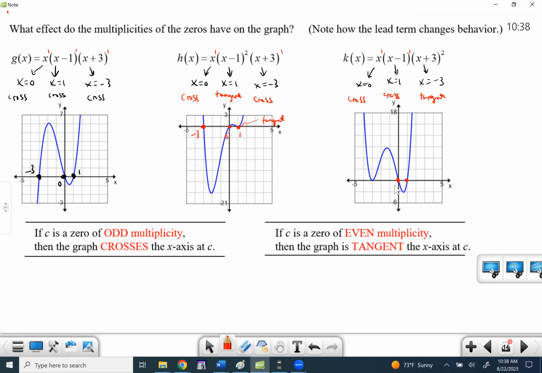At 1, did we cross? Yes, we went through the x-axis. At -3, we did not cross. We came down and turned around. So we did not pass through the x-axis. So we are tangent there. So this one would be the tangent one. Okay. And this just says it again, right? If it's odd multiplicity, it crosses. If it's even multiplicity, it's tangent.